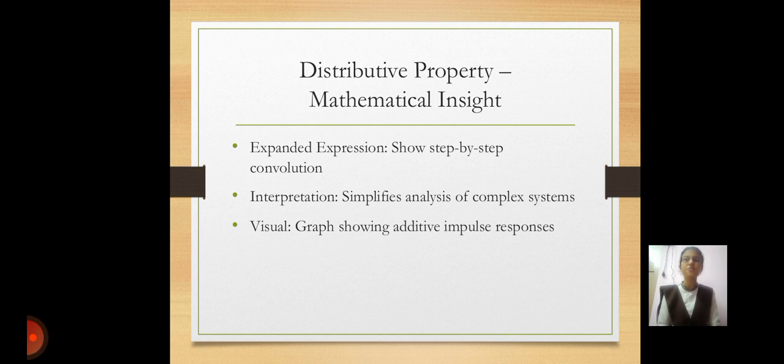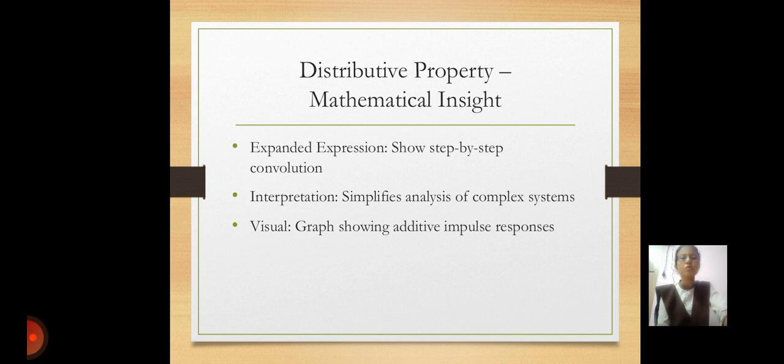In real life, if we look at it closely, when we expand the convolution operation, we see that each component of the system contributes individually to the output. This means we can analyze each subsystem in isolation and combine the effects. It is a very powerful tool in complex systems.